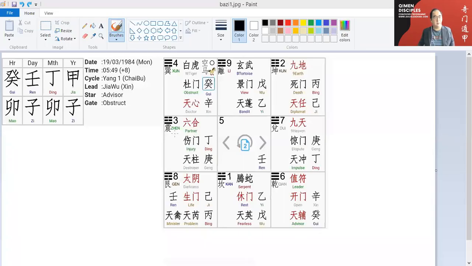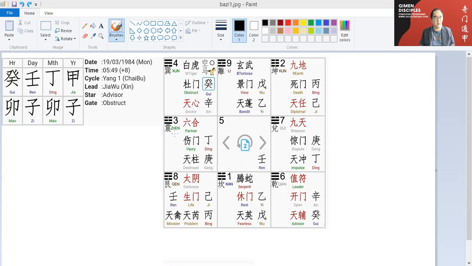Basically, I will be sharing one of these Qi Men Dun Jia charts, based on this example, which is plotted, and then I divide them into these two different parts so that you can see this chart very clearly.